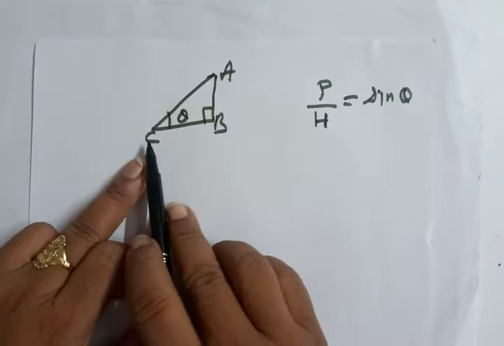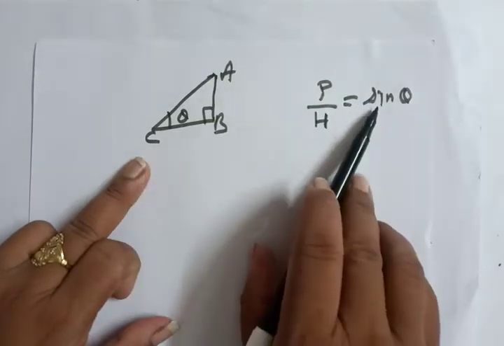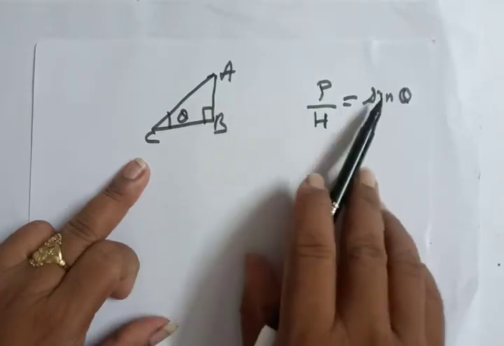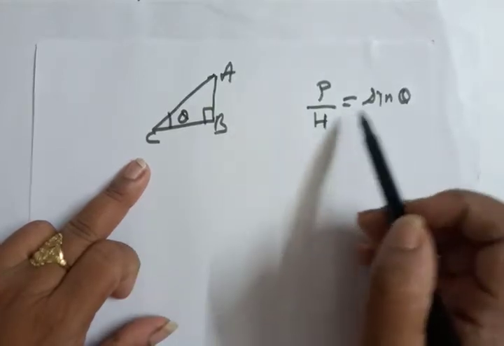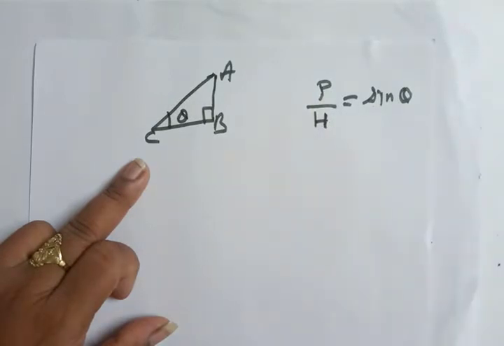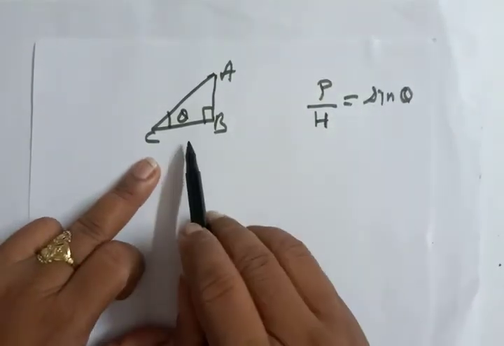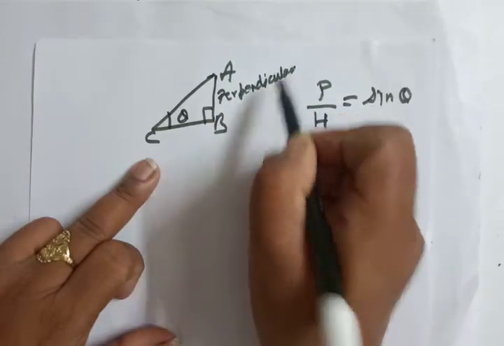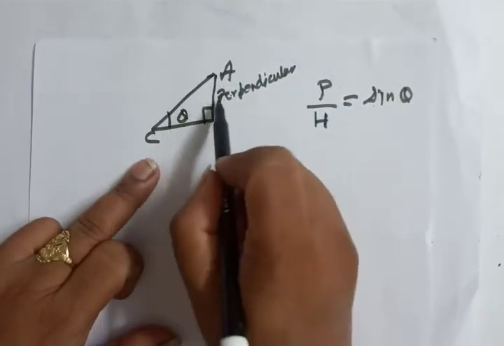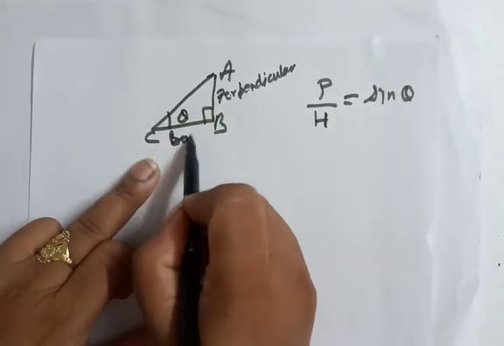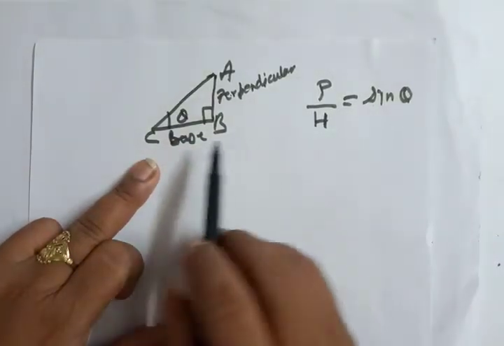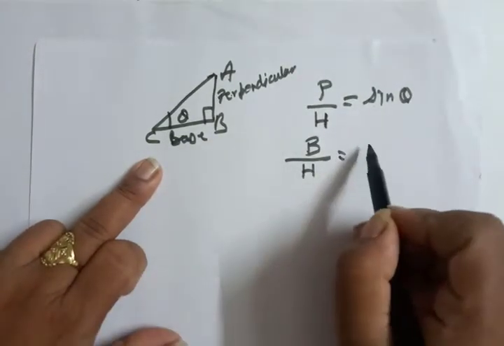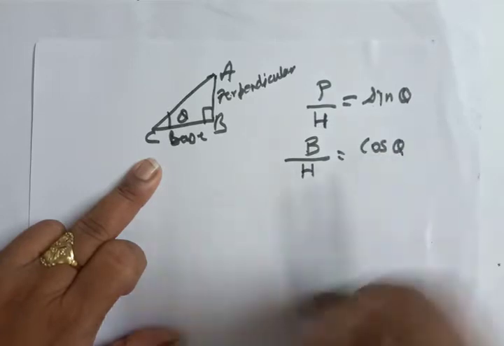It could be written sine of angle C also. It is not a multiplication of sine into theta. It is basically sine of theta, and it is always equal to perpendicular upon hypotenuse. Same here, this is the perpendicular because it is the opposite side of theta, and this is the base. Now if I take base upon hypotenuse, that will be cos of theta.